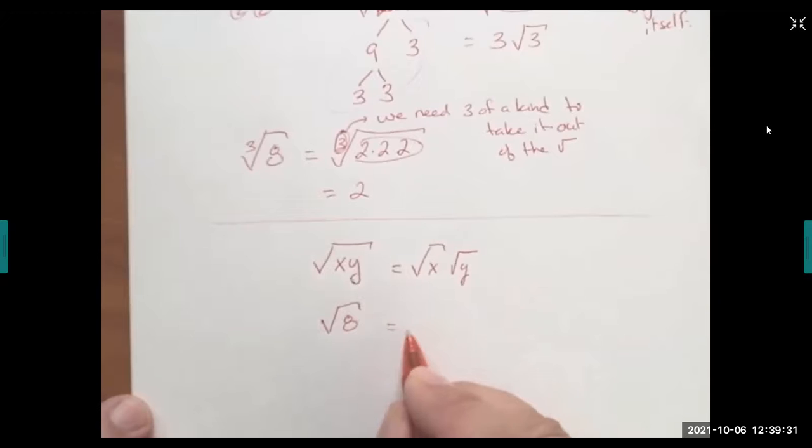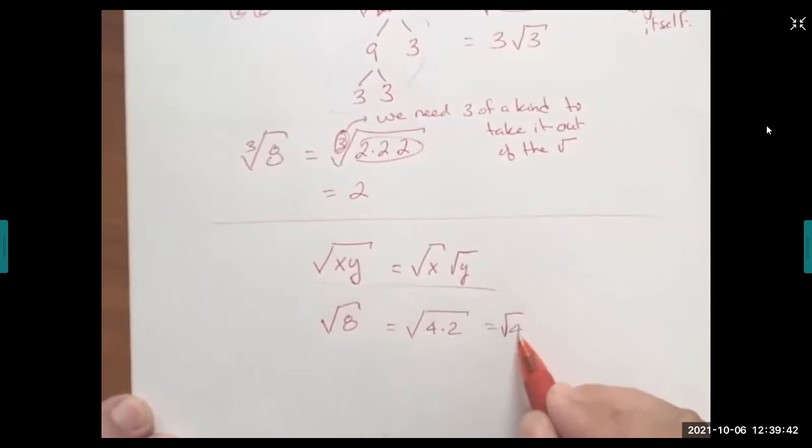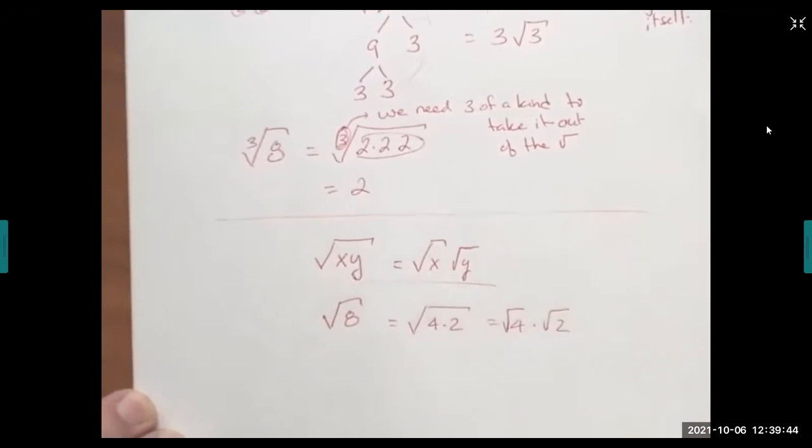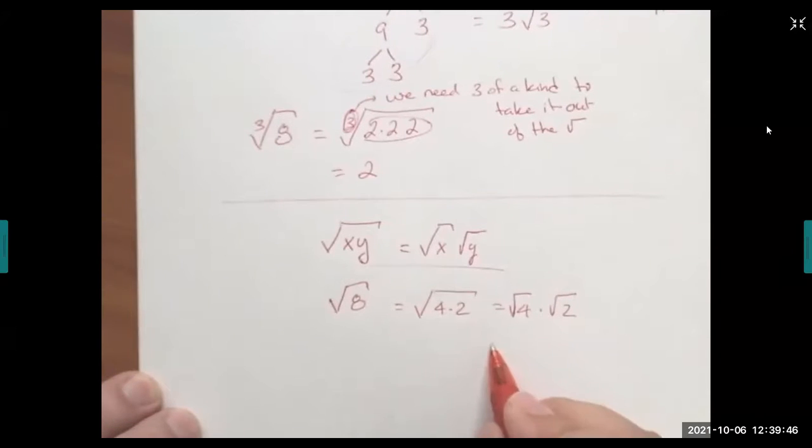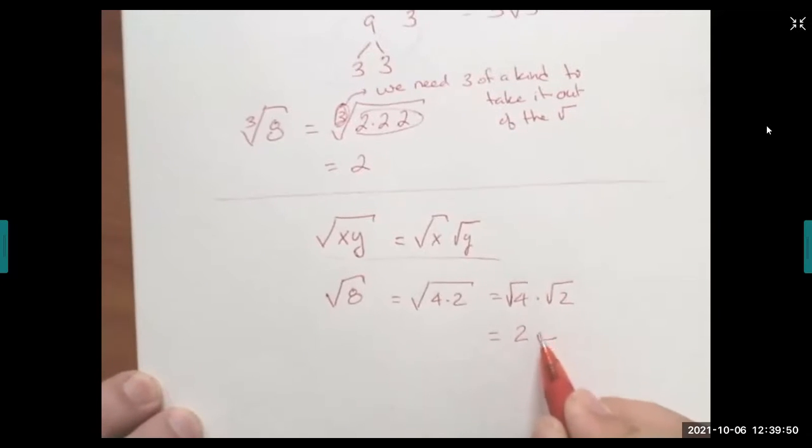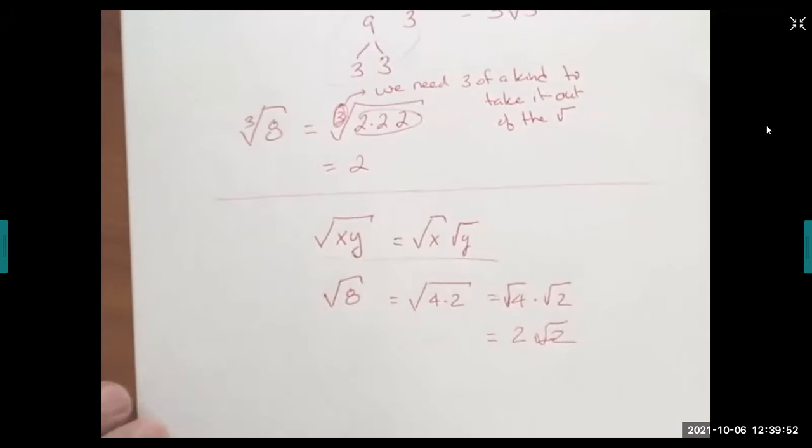What is 8 made up of? 4 times 2. According to this property, I can take both of these numbers, put them under their own radicals. Square root of 4 is 2. Radical 2. So that's a perfect example of how we can do it and why we can do it.